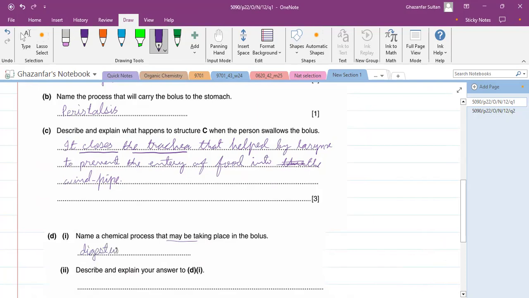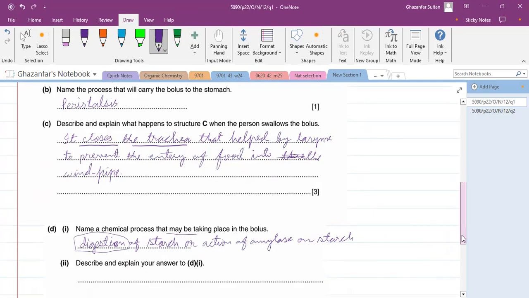So digestion of starch, or in other words, you can say that action of amylase on starch that is present in the bolus. But the proper name of the process is digestion, so you should write digestion.